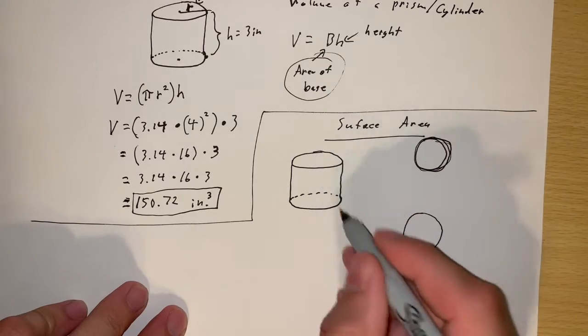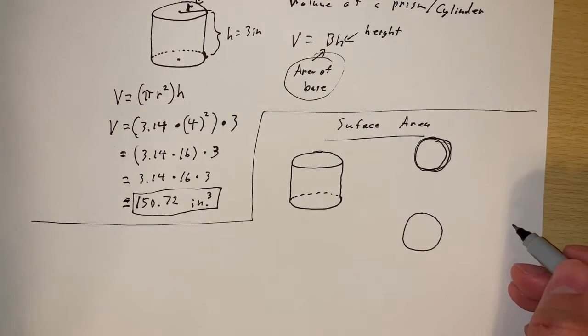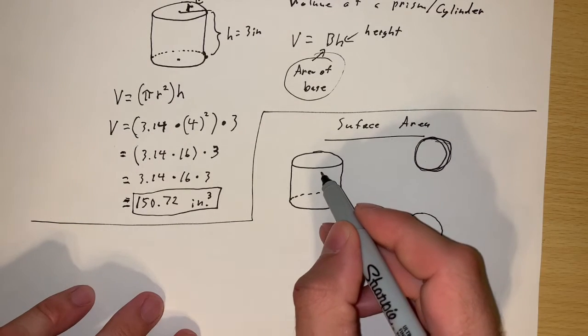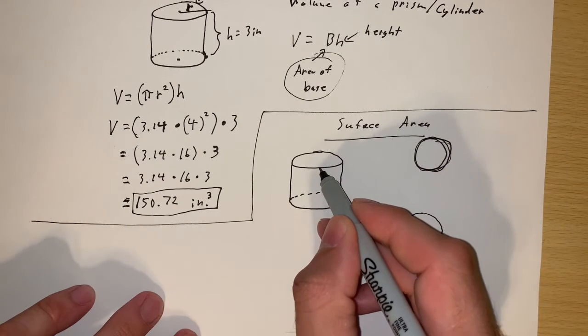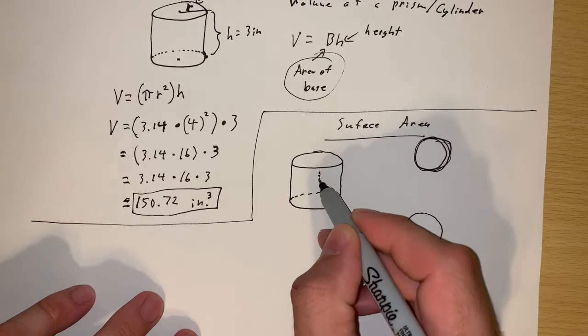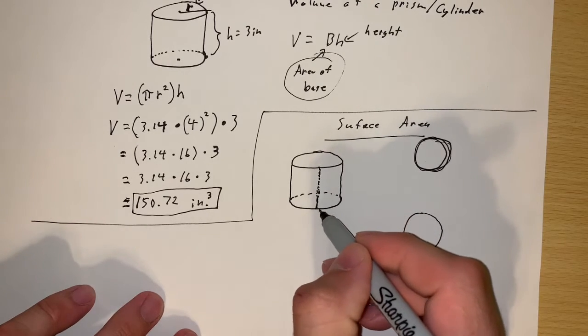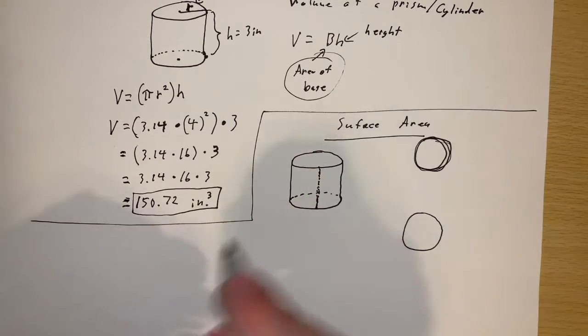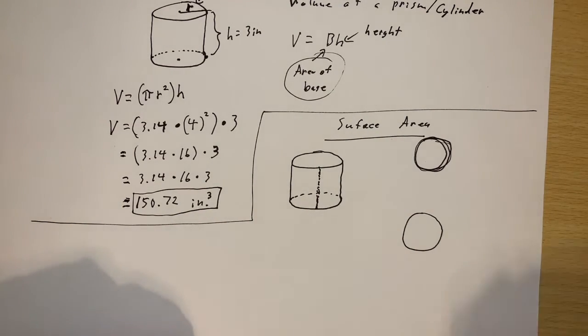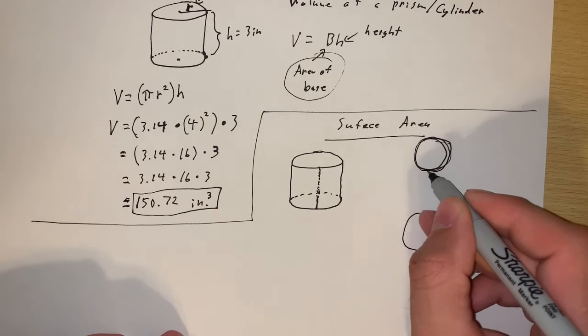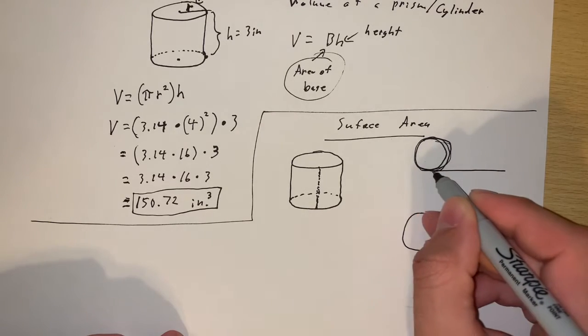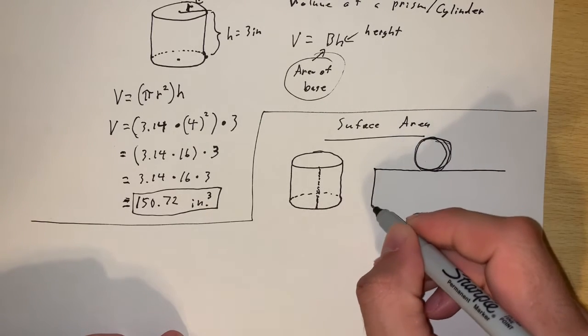The top and bottom bases are exactly the same. But what about the side? If I were to take the side of this can, cut it, and lay it flat, it would look like a rectangle.